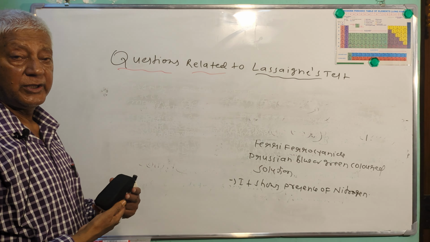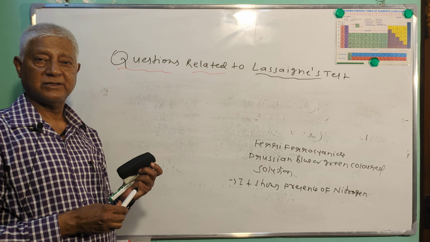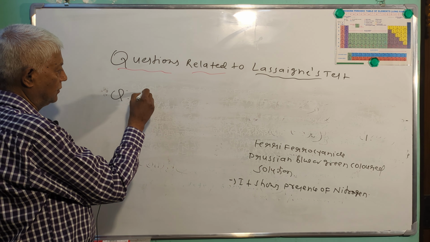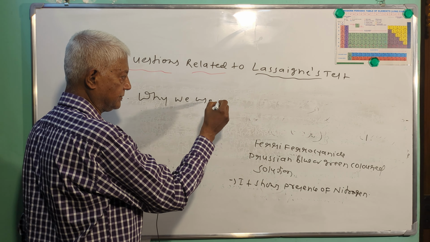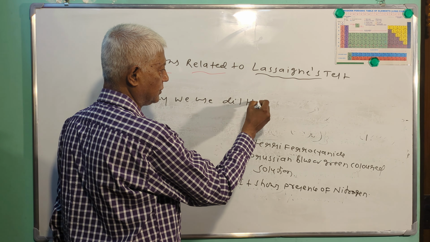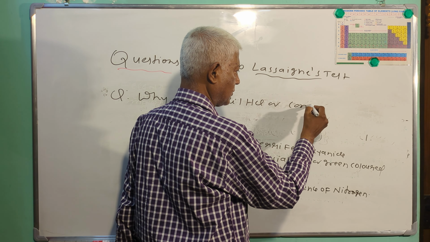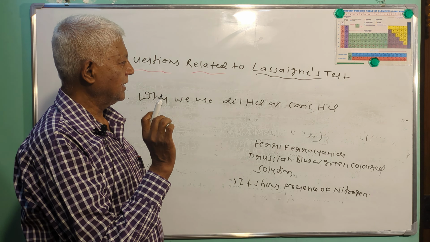In this case we also use HCl. The question arises: why do we use dilute HCl or conc HCl? If dilute, then we have to use it in excess.